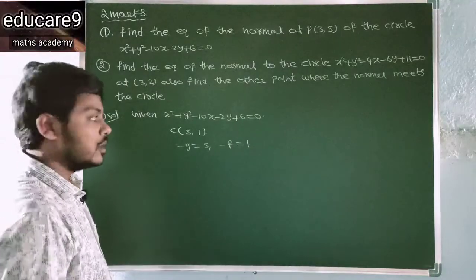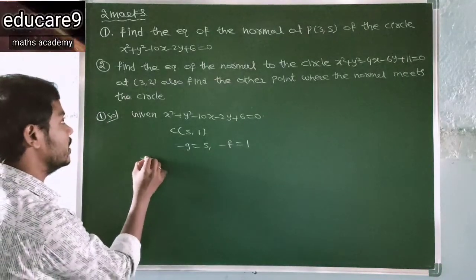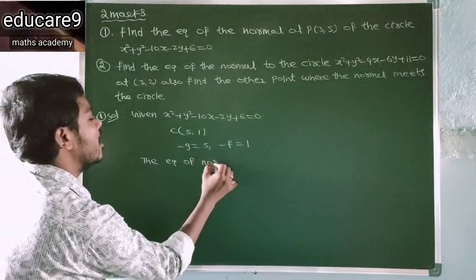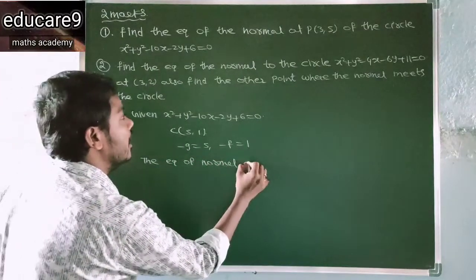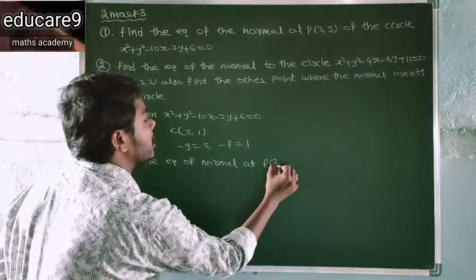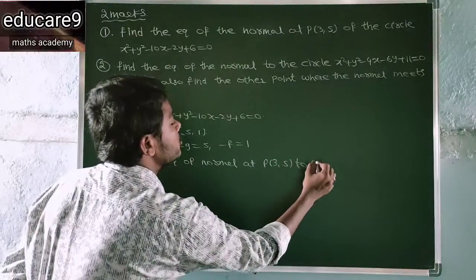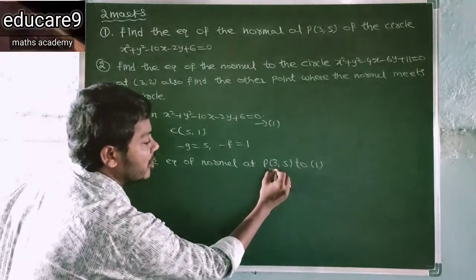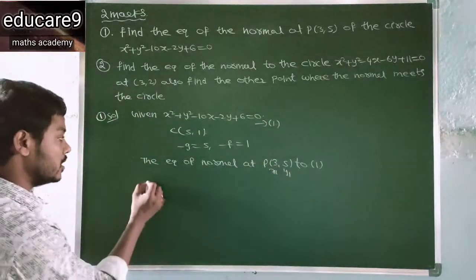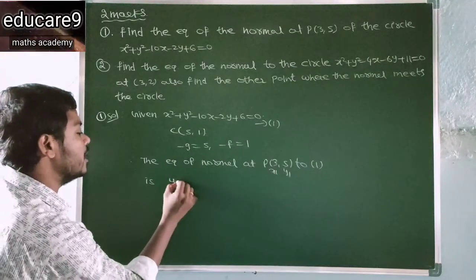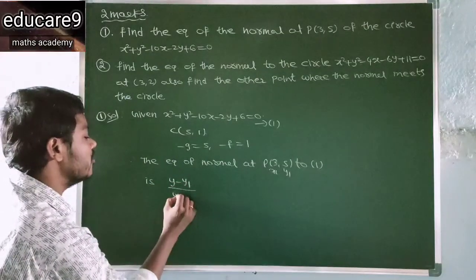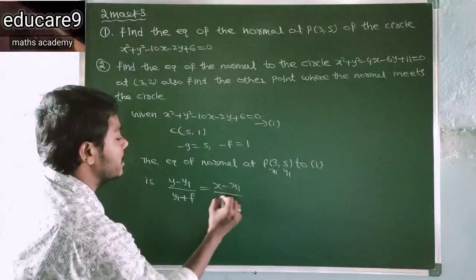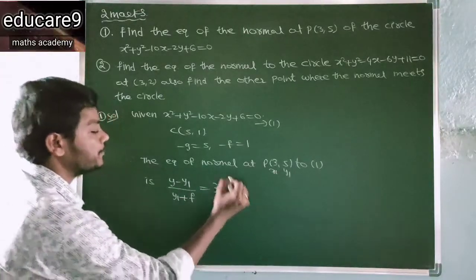Now therefore the equation of normal at P(3, 5) to circle 1, where this is (x1, y1), is (y minus y1) by (y1 plus f) is equal to (x minus x1) by (x1 plus g).